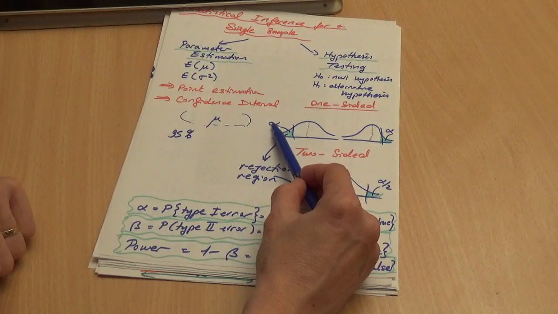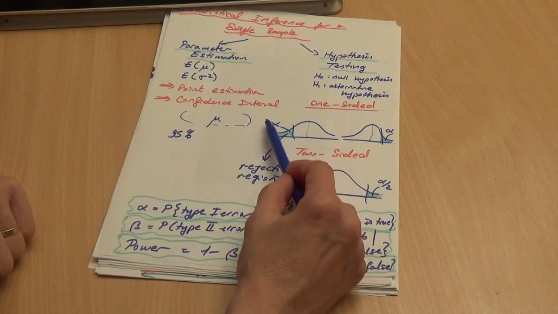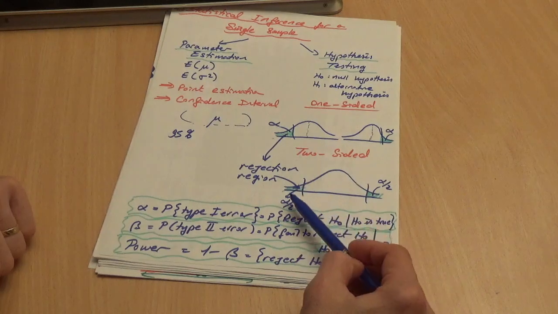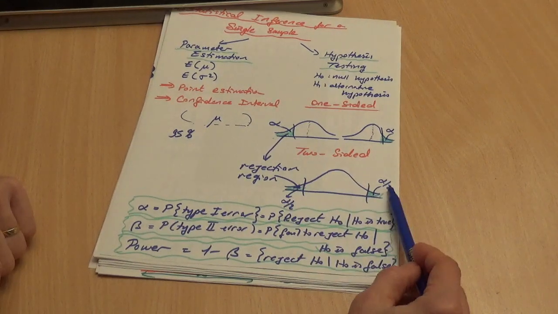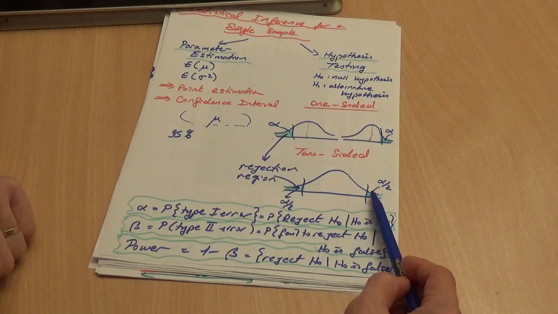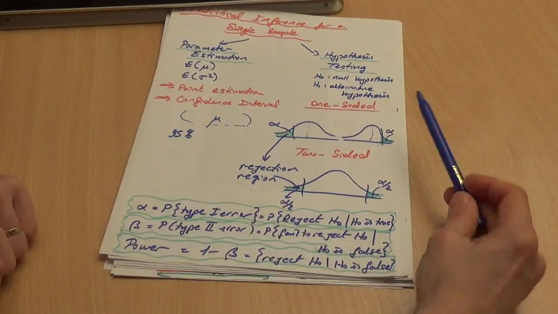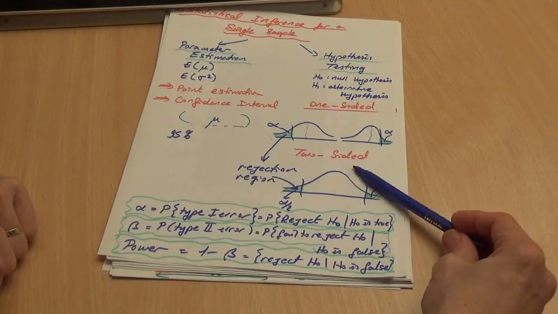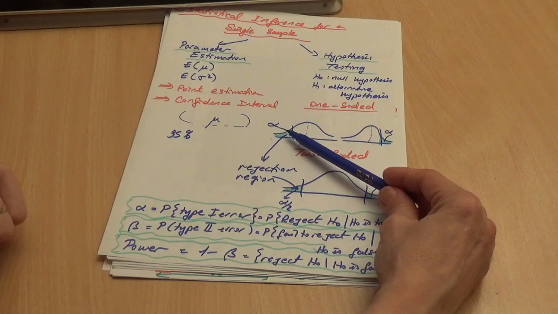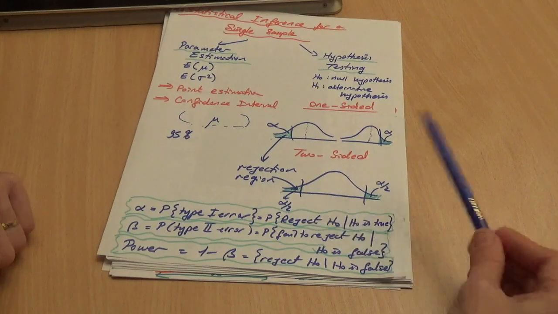So we name it alpha, and for one-sided we only put alpha for here. But for two-sided we need to divide alpha by 2, because when we add both sides it should be equal to alpha. So these are the rejection regions. This is very important in calculations. For one-sided we will take alpha for calculation, and for this one we need to divide alpha by 2.